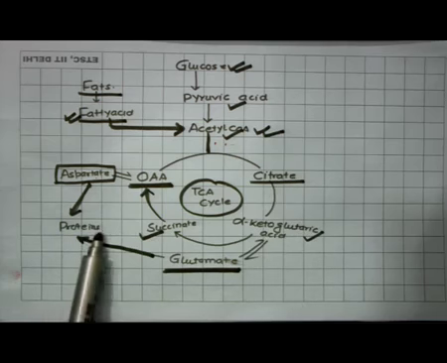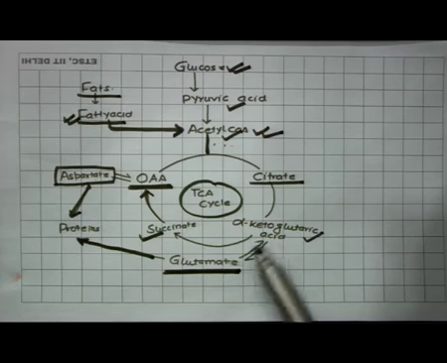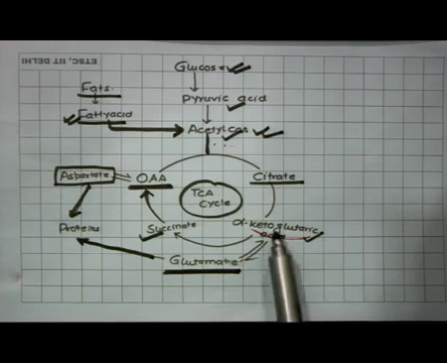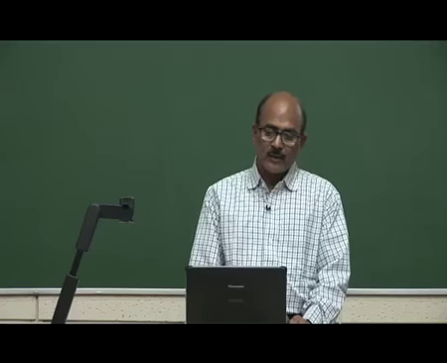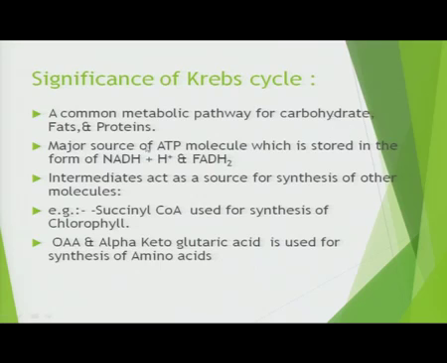This protein is converted into glutamic acid, this glutamic acid is converted into alpha ketoglutaric acid, which is directly involved in the TCA cycle. So, we can say it is a common metabolic pathway for carbohydrate, fat and protein.